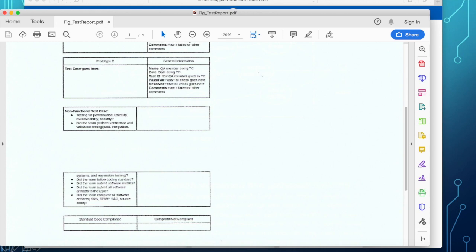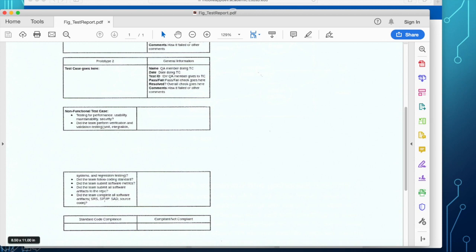Did the team submit all software artifacts at the repo? So they will check whether you have a complete software artifact stored in your repo. So they will check whether you have the SRS, the SPMP, the SAD document, the source code.